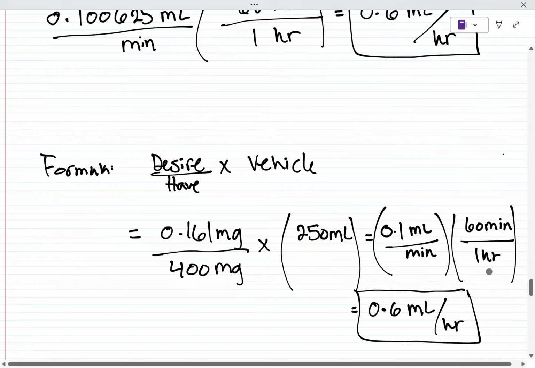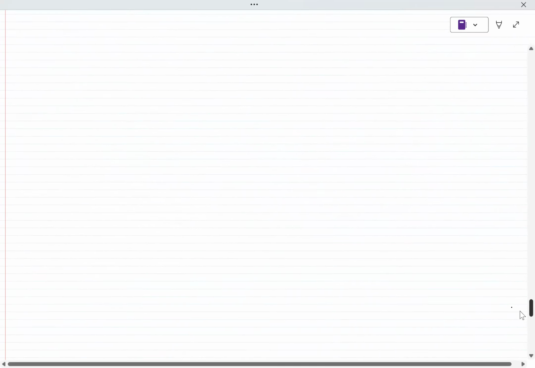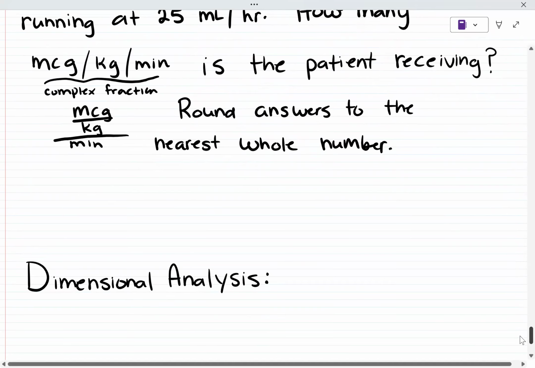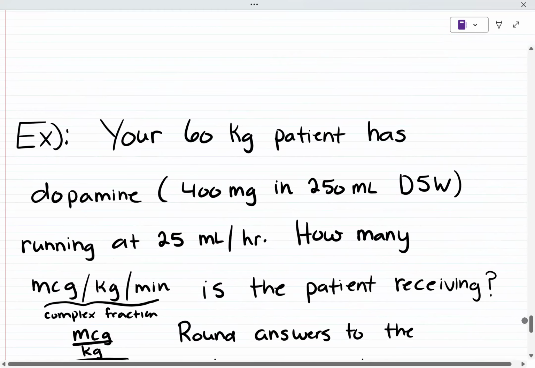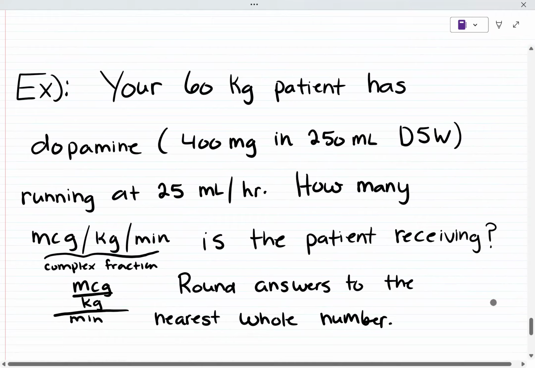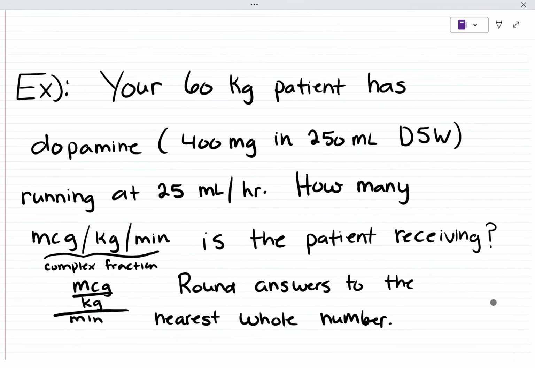Okay, let's do another example. I think this is the last one. In this one, it says your 60 kilogram patient has a dopamine 400 mg in 250 ml D5W running at 25 milliliters per hour.